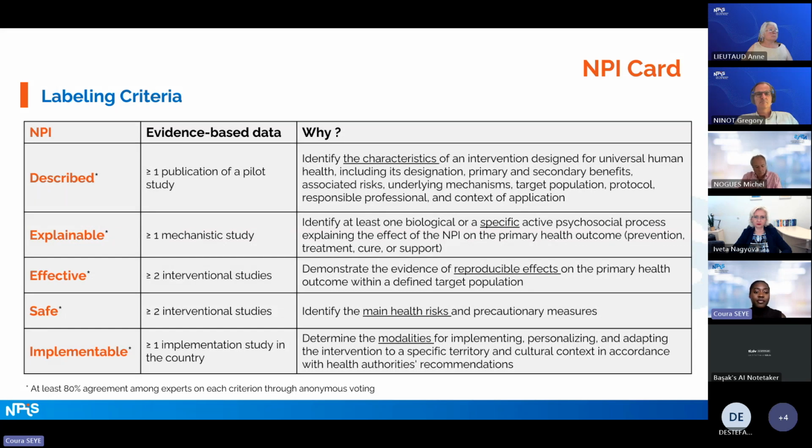It should be effective with at least two interventional studies to demonstrate the evidence of reproducible effects. It should be safe with at least two interventional studies to identify the main health risk. And it should be implementable with at least one study in the country. Please note that at least 80% agreement among our experts on each criterion is needed for validation.